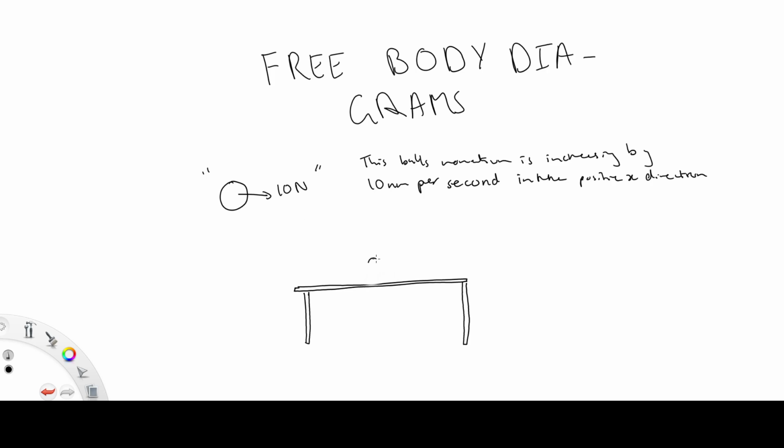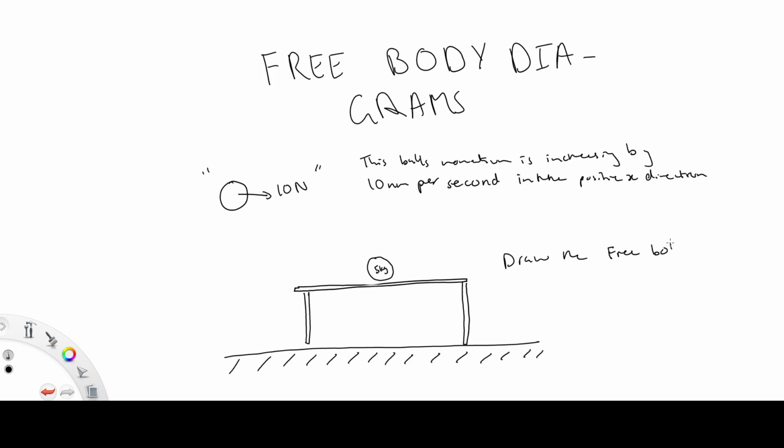So let's say I have a ball which weighs 5 kg on a table like this, and the table is on the earth. And I say draw the free body diagram of the ball.